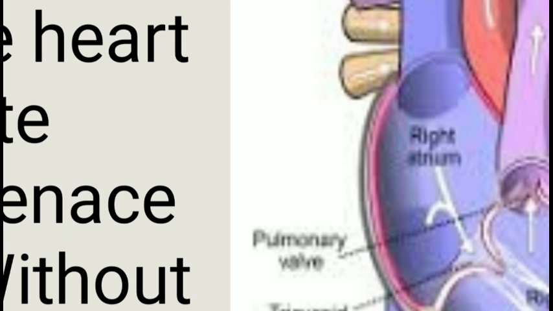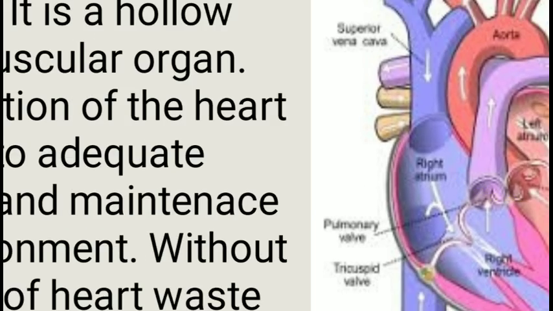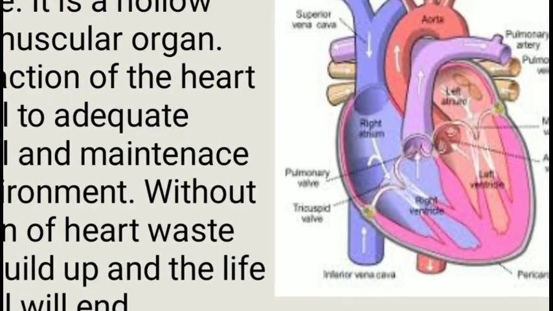Now the blood from the right ventricle, that is from the bottom, this impure blood is being supplied towards what? Towards our lungs for purification. So the blood from the right ventricle to the lungs and then to the left auricle is called pulmonary circulation.